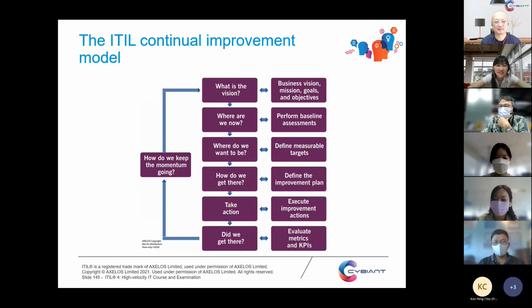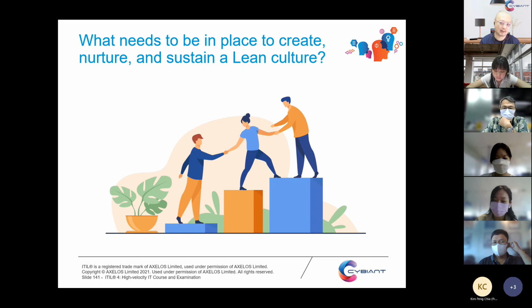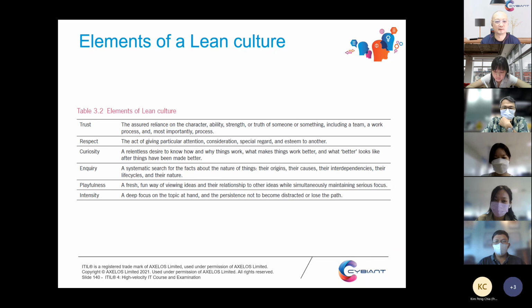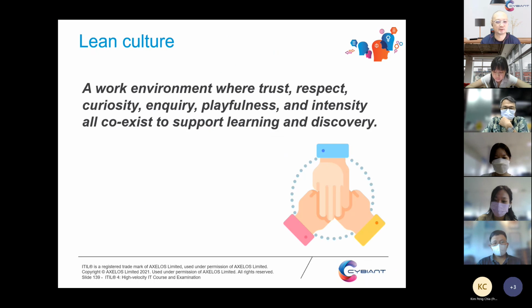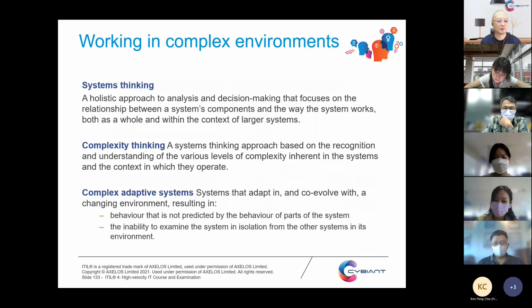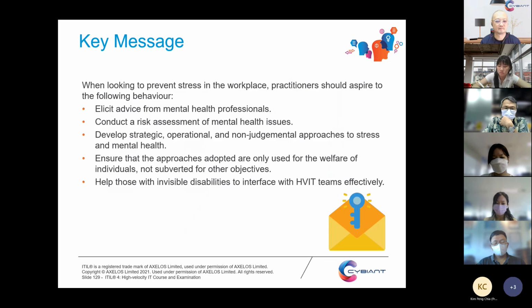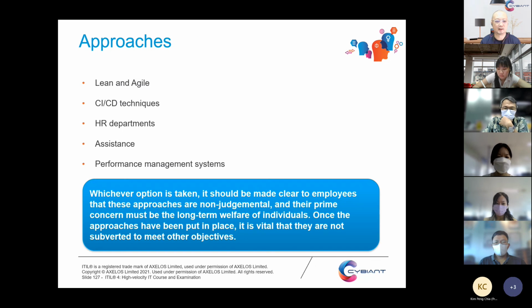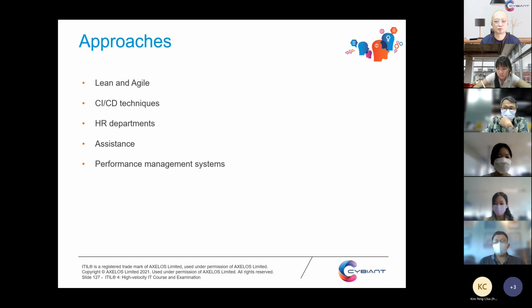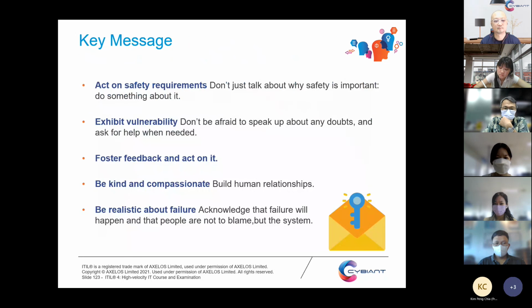So we went through a lot, the cultural stuff. What are the tools? What are the cultures that we need to implement? I'm just going back. So lean culture, why do we need that? Define framework, just to look at the complexity, purpose, people, progress. If you do revision, try and go through the module by looking at the key things.